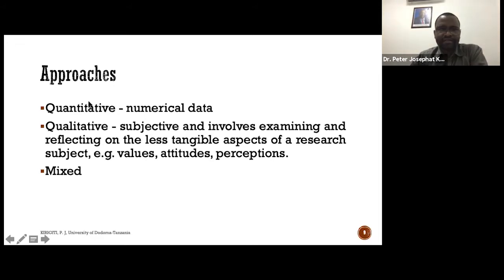For qualitative, we are collecting non-numeric data, which involves examining and reflecting on the less tangible aspects of the research. So for qualitative we are collecting non-numeric data, while for quantitative, we are collecting numeric data. It is very important to know this one.